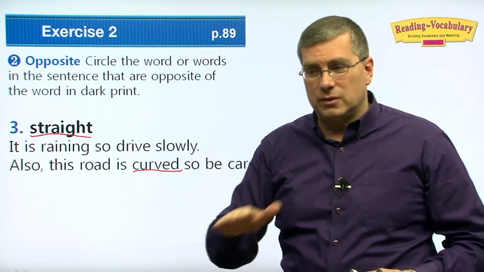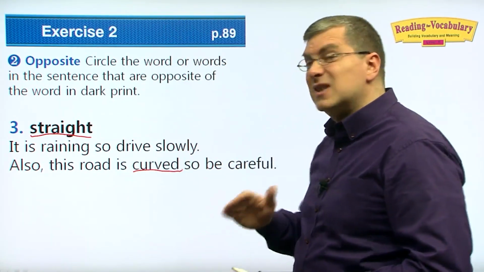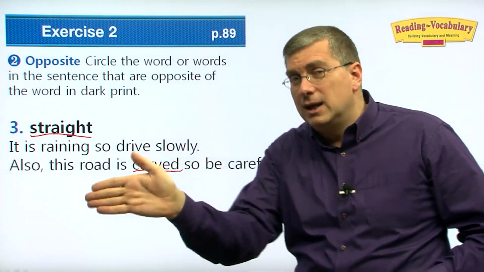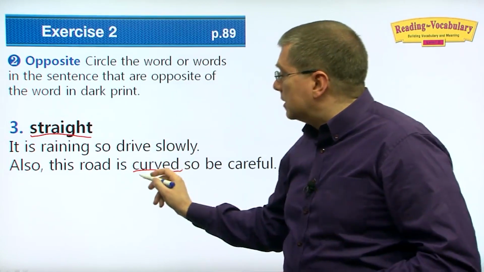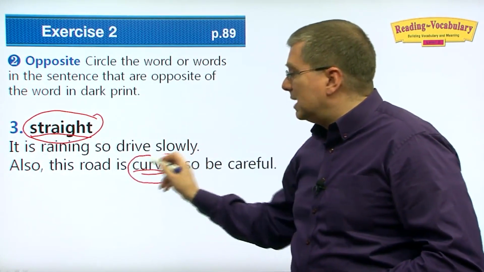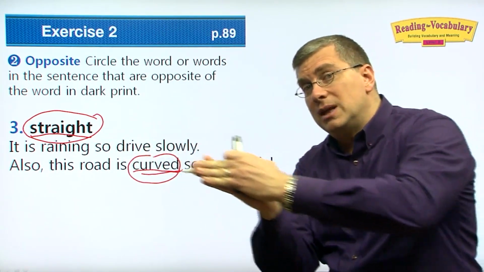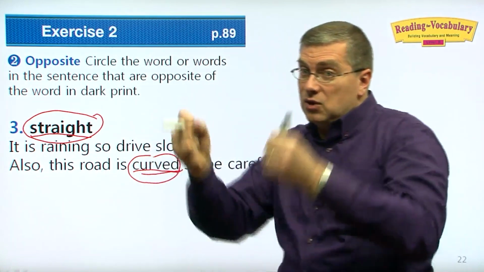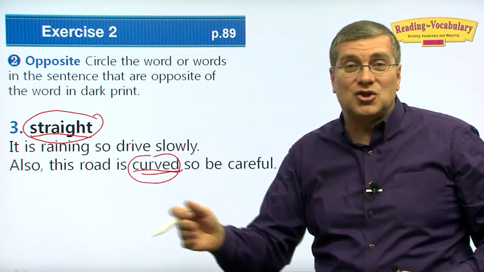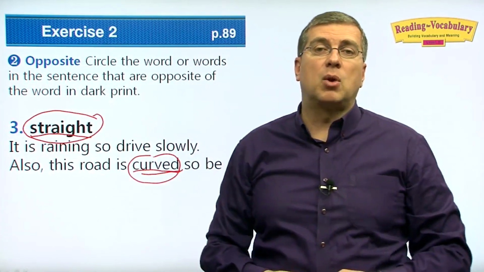One, there's rain, so it's slippery. The second thing is the road is curved, right? So be careful. Now, curved is the opposite of straight, right? Straight means it doesn't change direction, it keeps going the same direction. But curved means that it changes direction. And if you're driving, be careful, right? You have to be careful, especially if it's wet because it's slippery. You could have a problem.